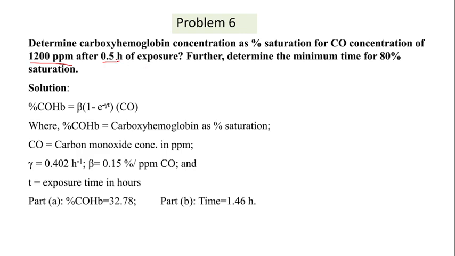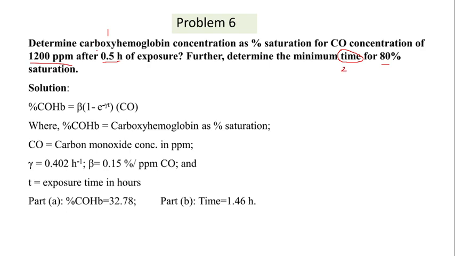So the exposure time T is 0.5 hours, right? Further, determine the minimum time for 80% saturation. The first question asks us to determine the percentage of COHb. Next one is, for 80% saturation, what would be the time? We are asking the time again. This is the second question.